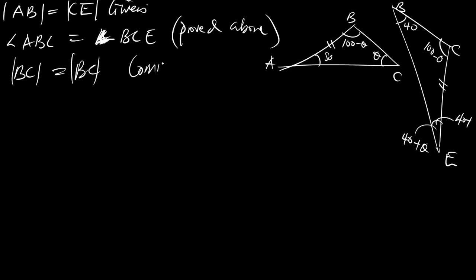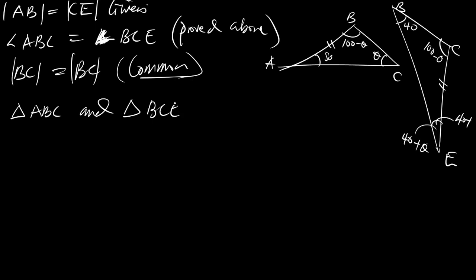This is common to both triangles. So that means that triangle ABC and triangle BCE are congruent triangles.